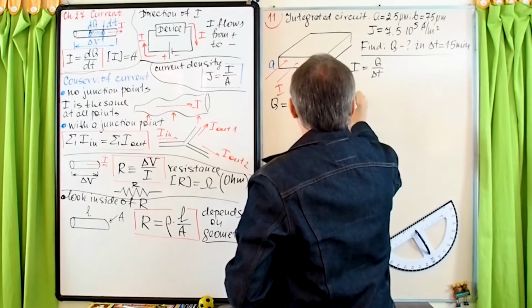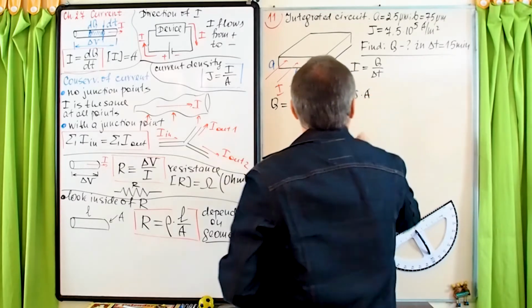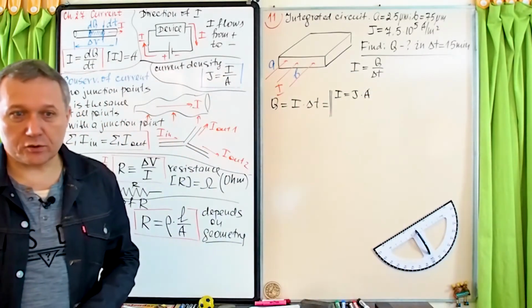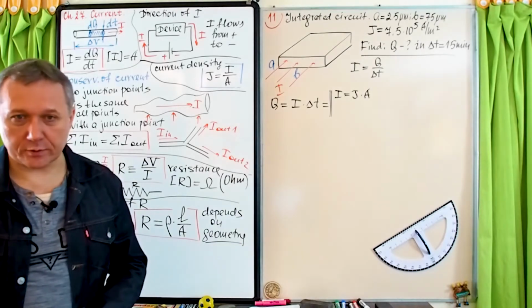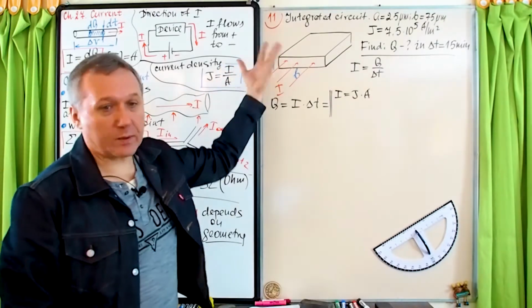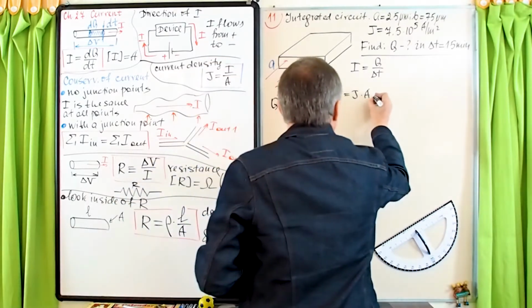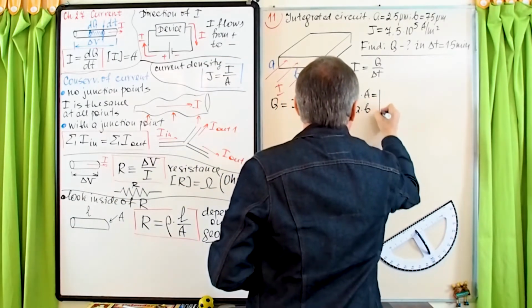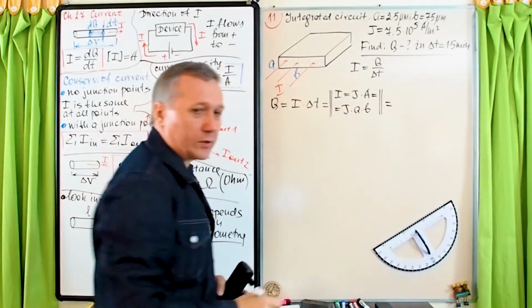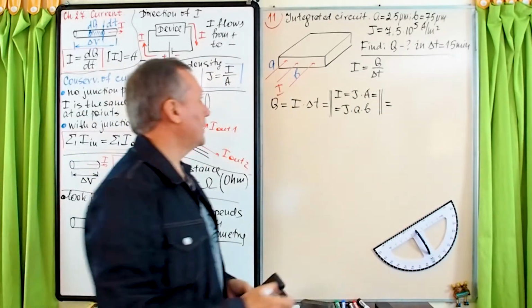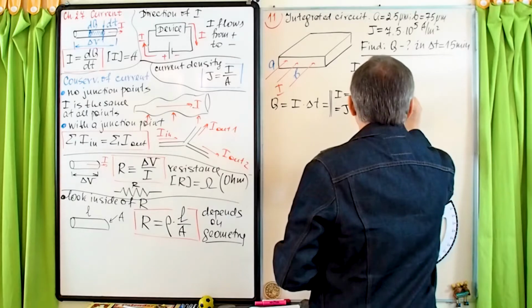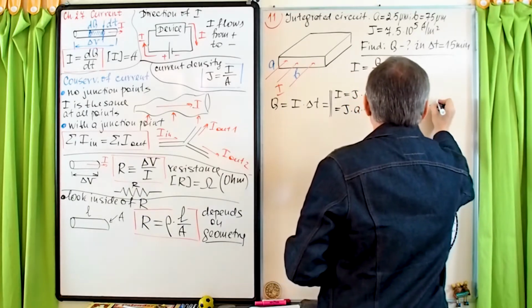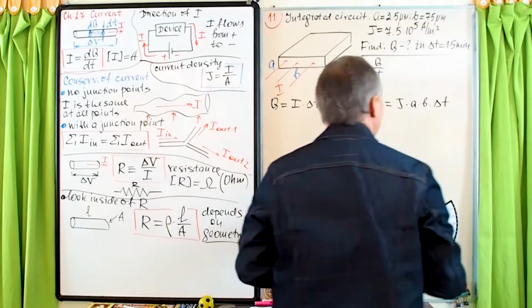Current will be equal to J times A, and since geometry is given, we can find the cross-sectional area. So it's A times B. So current is equal to J times A times B. Okay, let me close my explanation box, and basically we're almost done. So it will be J times A times B times delta T.